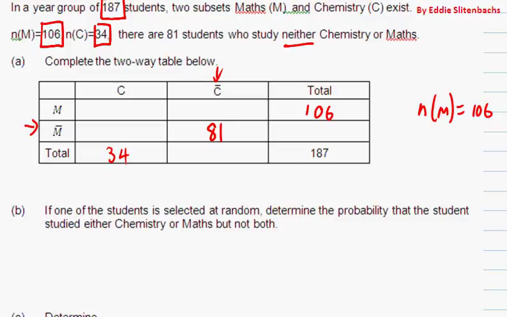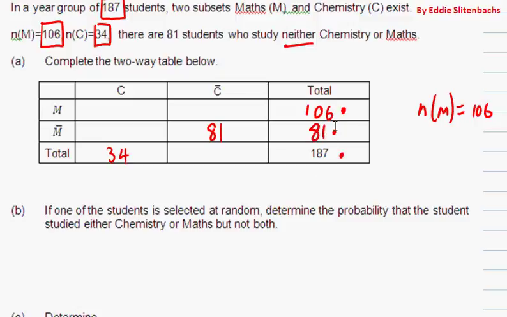And once I've got that information in there, then in my two-way table I can start doing some arithmetic. So if I look at this, I've got 106 here, and 106 plus this unknown here has to add up to 187. So 187 take away 106 is going to be 81.